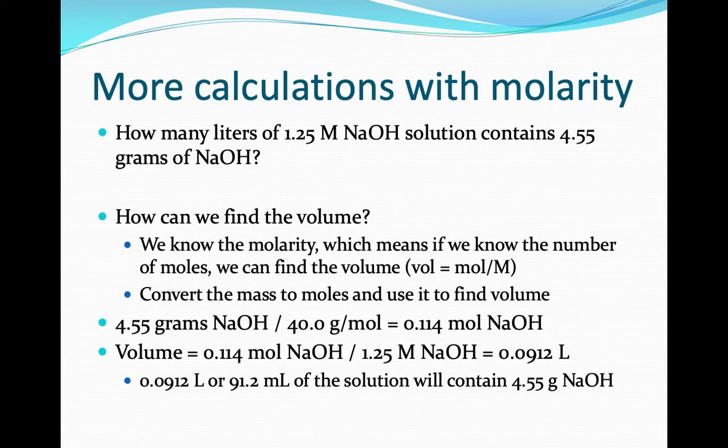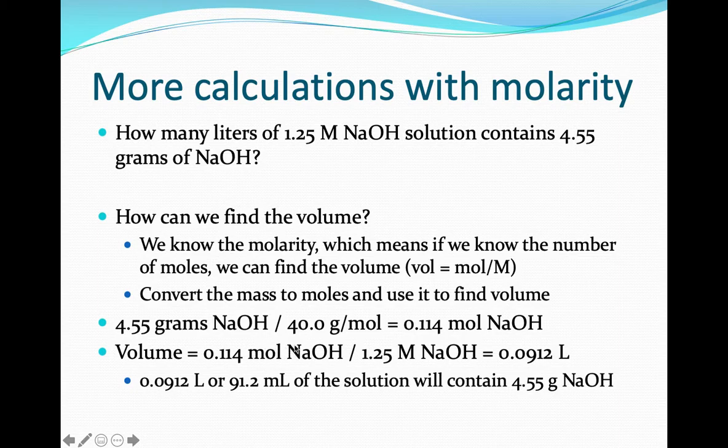And then the next step, on the slide I'm showing it as divided by 1.25 molar. But really, this is the same thing as multiplying by 1 liter of the sodium hydroxide solution over 1.25 moles. The units on molarity, remember, are moles over liters.